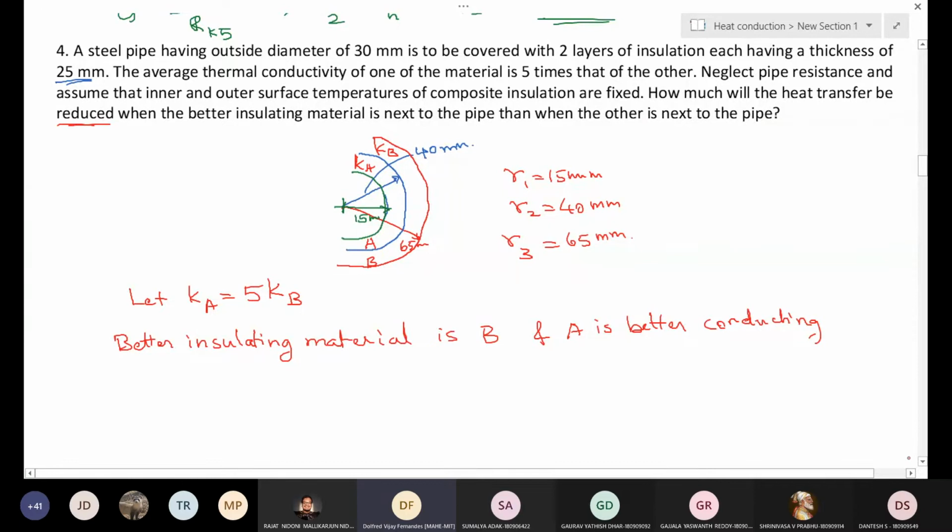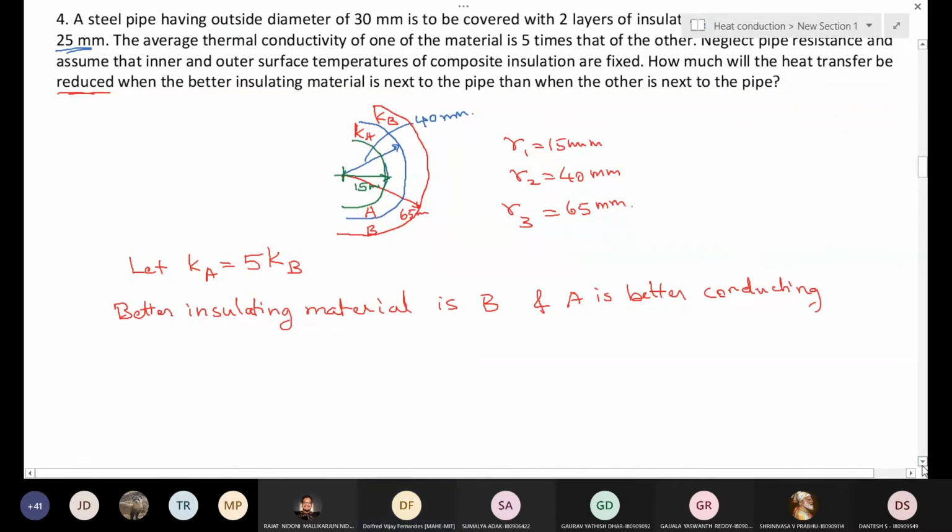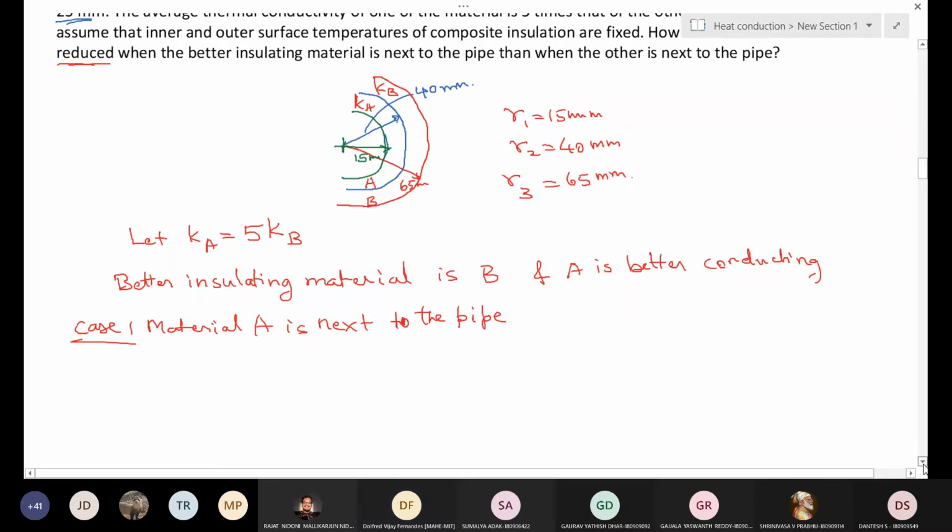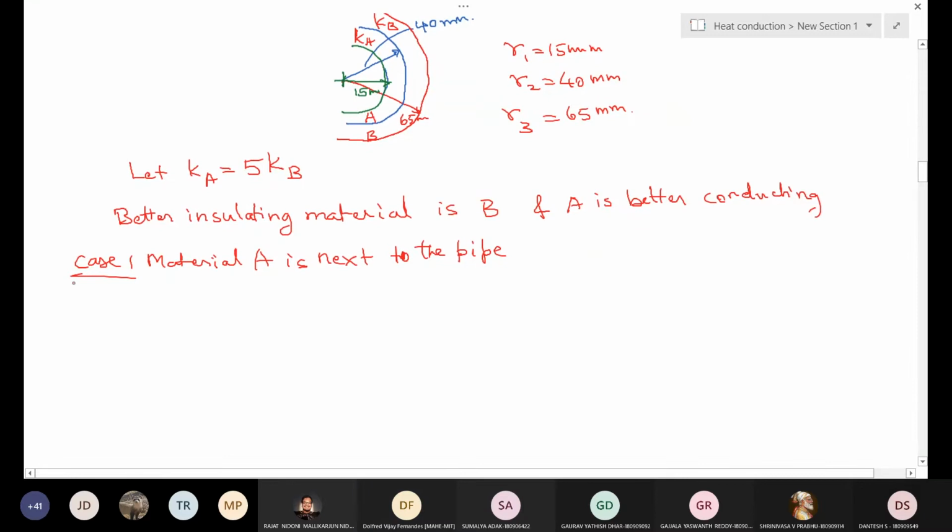So I will write case 1: material A is next to the pipe. And case 2: material B is next to the pipe.